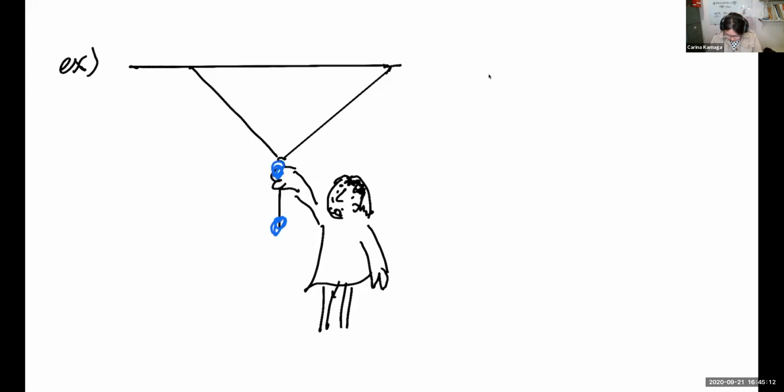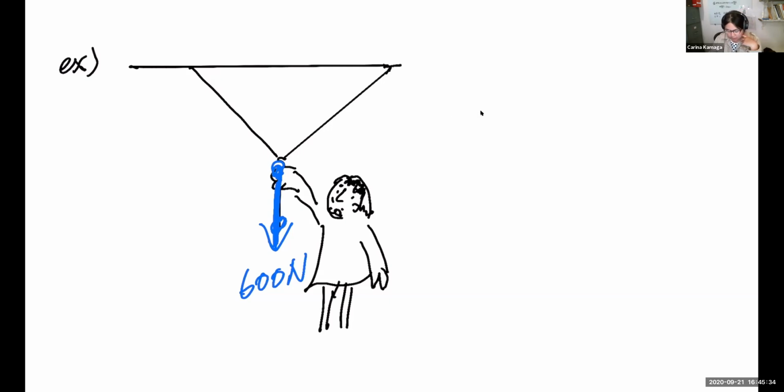Over here is 600 newton. What would be the tension force? Can you draw the tension vector?